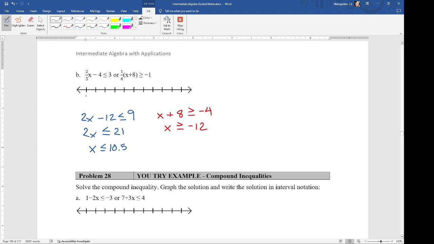So I will start writing some numbers up here. Let's see here, I might have to be creative. Lengthen this a little bit.